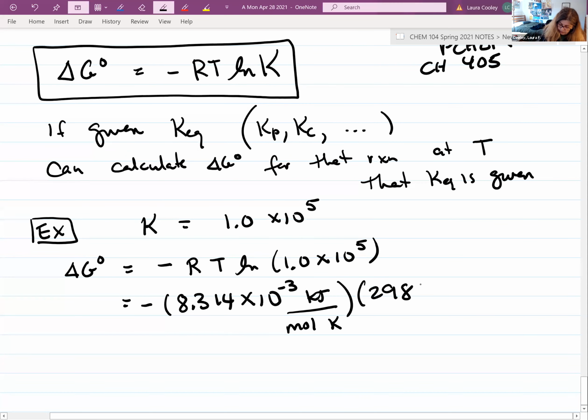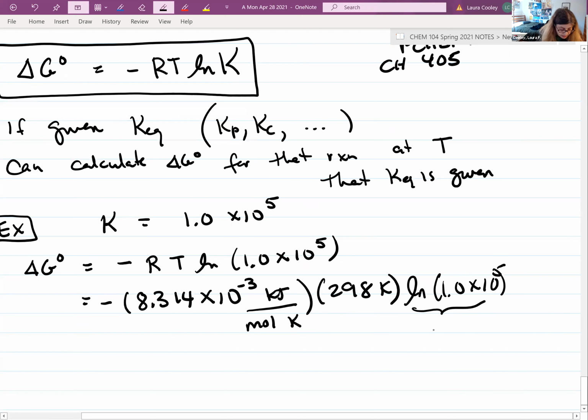Temperature, generally 298, unless I specify otherwise. And on the exam, I think in one problem on each one, I have a temperature other than 298. Be careful of that. The log of 1 times 10 to the 5th.